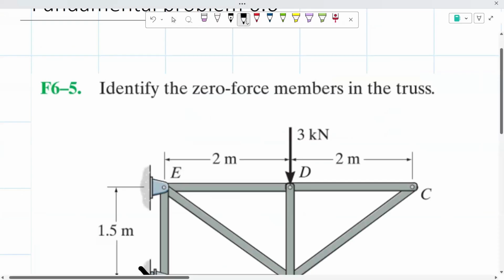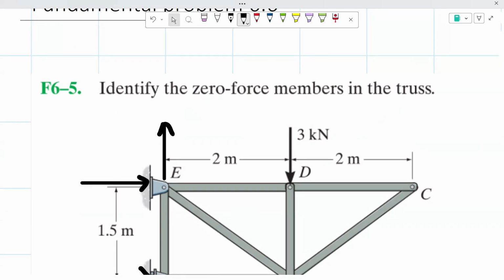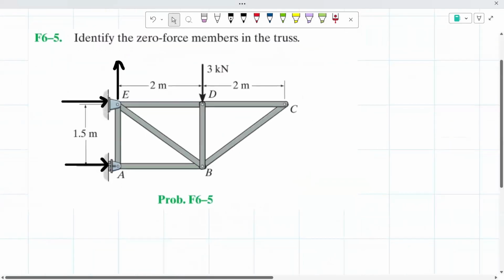We're going to have that horizontal and vertical one. So this is simply just to know how many reactions there are because we do need to know that to be able to identify any zero force members.